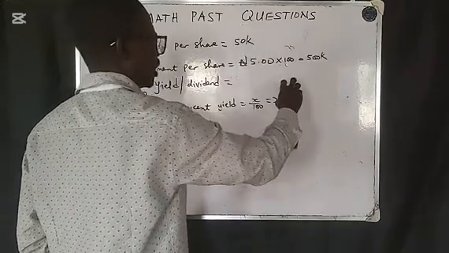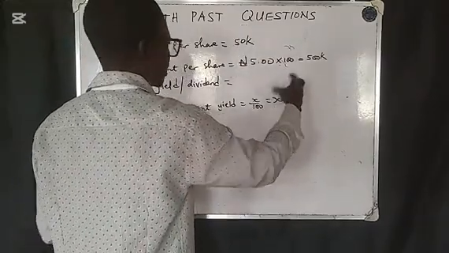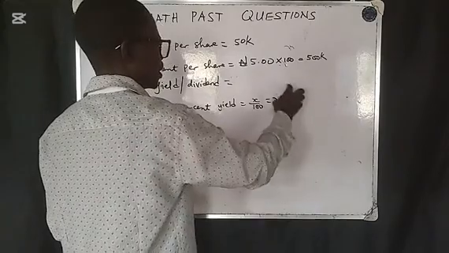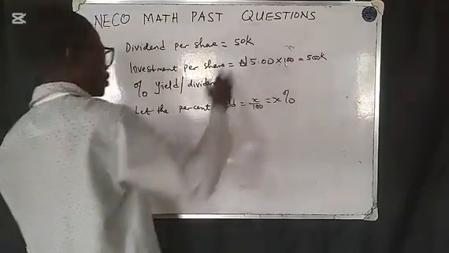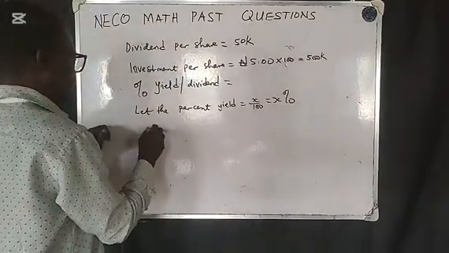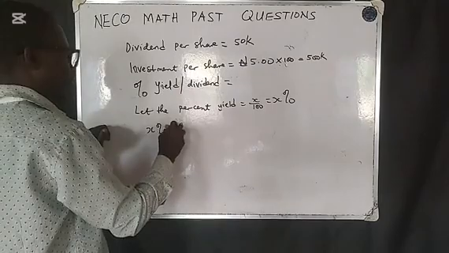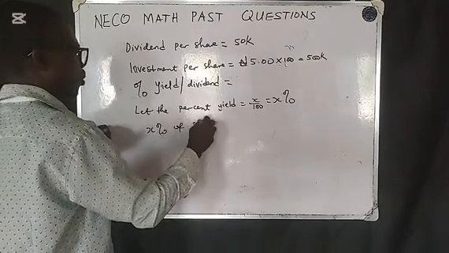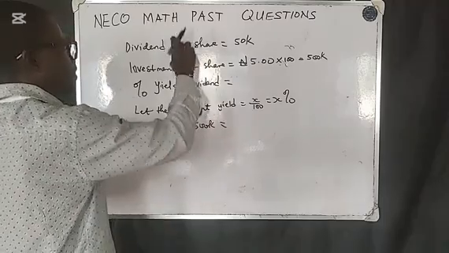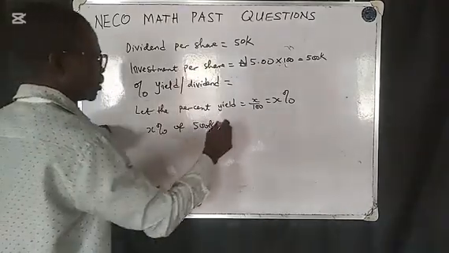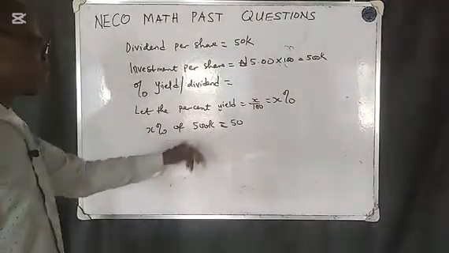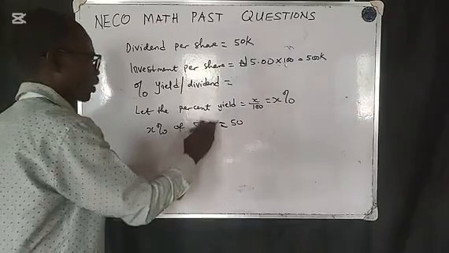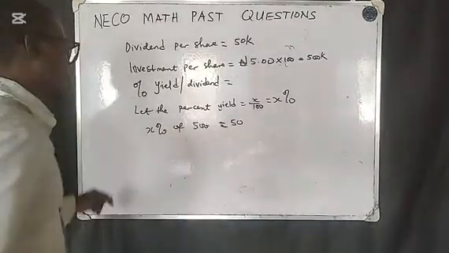That is the expression. So we write X percent of 500 kobo will give us 50 kobo, because this is the dividend the customer is getting.